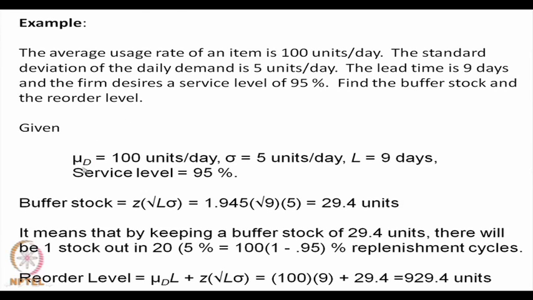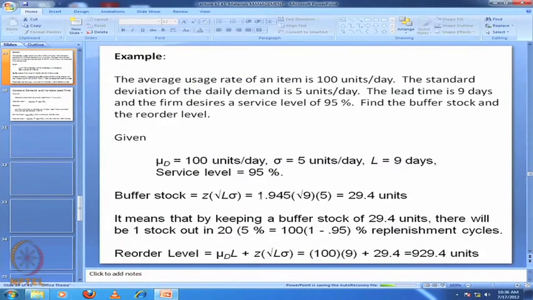So, what are given are the mean value of the demand, which is 100 units per day, the standard deviation is given as 5 units per day, lead time is given as 9 days, and service level is given as 95%. Buffer stock is then, corresponding to 5%, which is 1 minus service level, from the normal distribution table, Z is 1.645.